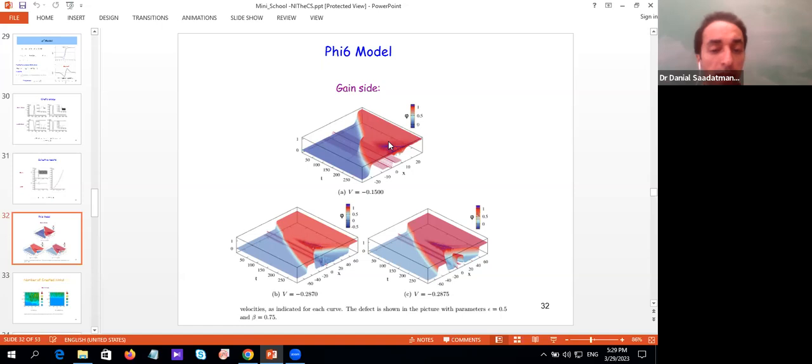But I have never seen any analytical expression, but there are some other professors here who can confirm or not. Maybe Professor Malomed can say something, but I didn't see any analytical expression. This is just numerically what I found in my results.